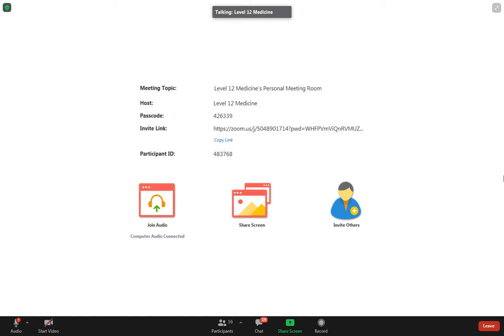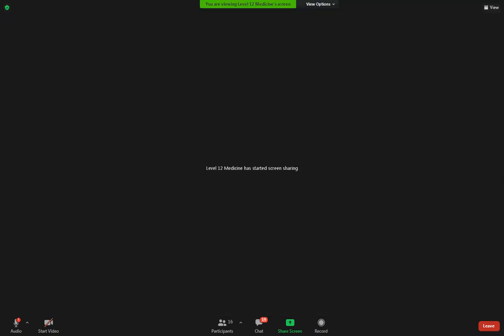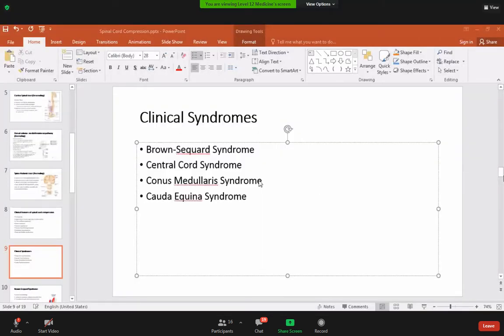The sensations that were being carried directly from there will be affected on the same side, but the ones that cross the midline and travel up the opposite side to the lesion are usually affected on the opposite side.